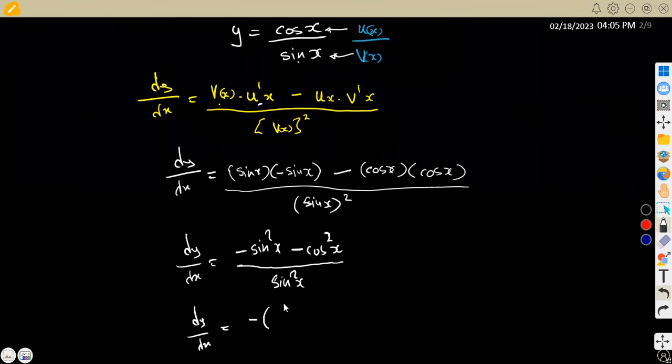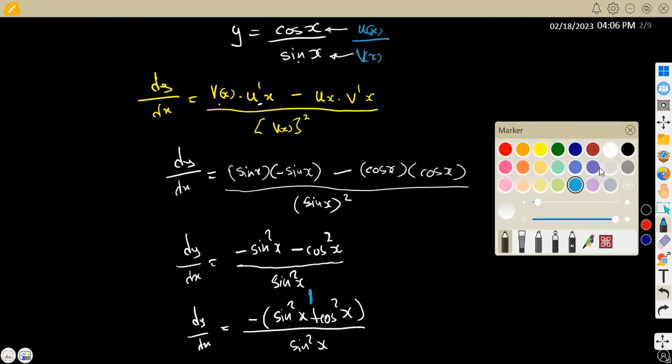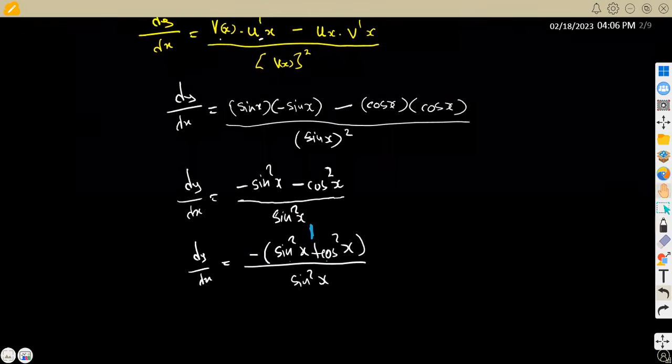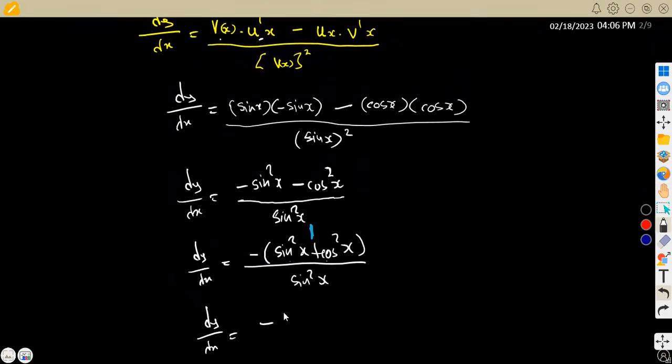So we can factor out a negative: negative sine squared plus cos squared of x, everything over sine squared x. Take note, we have an identity here: sine squared plus cos squared is equivalent to 1, from our trigonometry. So at the end, the whole answer is going to be negative 1 over sine squared x.